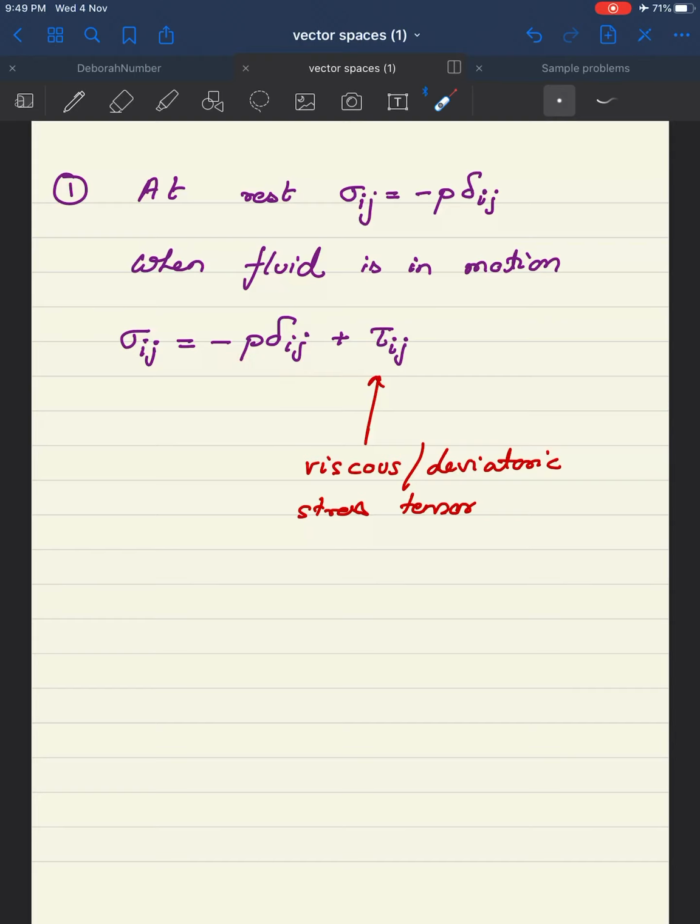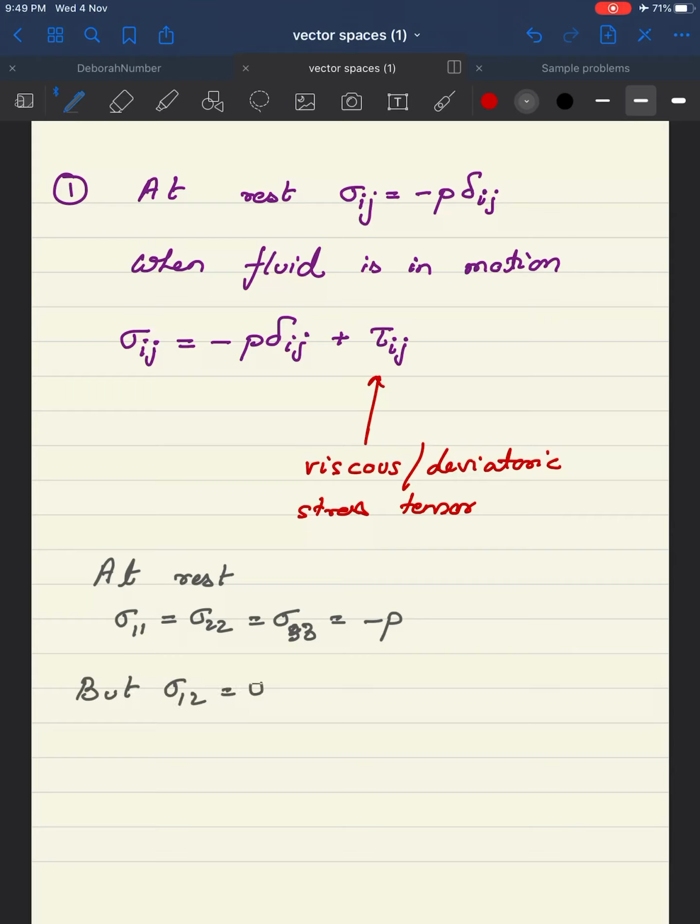So, by the way, what happens to sigma ij at rest? Okay. Just let's quickly write this down. So, at rest, sigma 1 1 equal to sigma 2 2 equal to sigma 3 3 equal to minus p. But all other cross terms 2 1 etc., I am not writing all of them, they are all equal to 0, right.